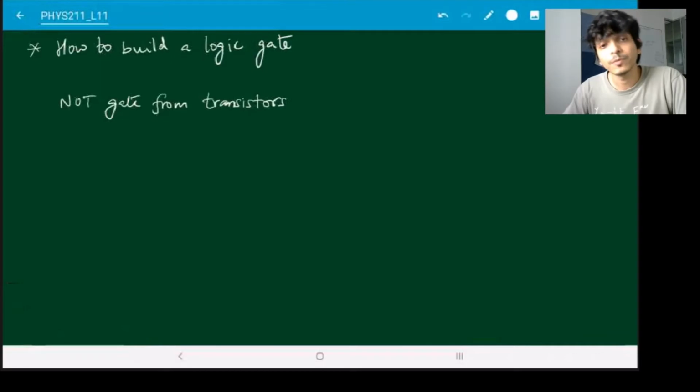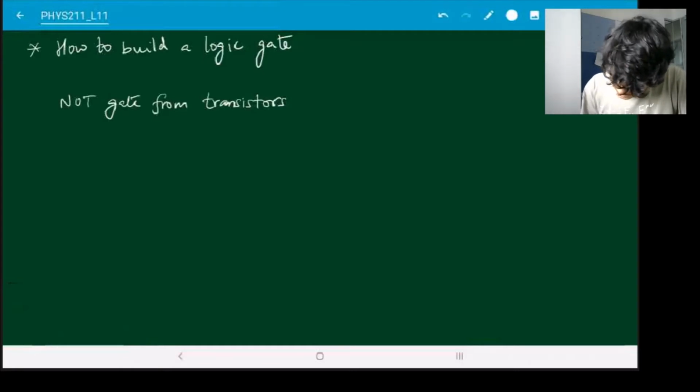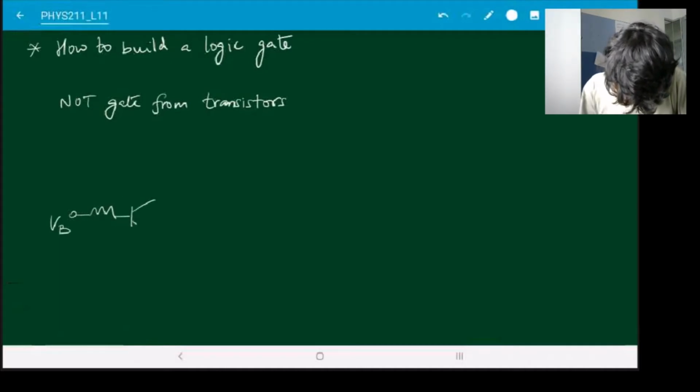Now, if you remember, we had discussed using a transistor as a switch. And the circuit for that looks something like this. So there was a base voltage that we put and a base resistance.